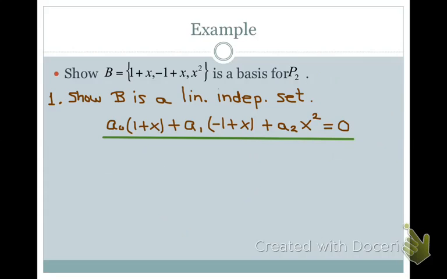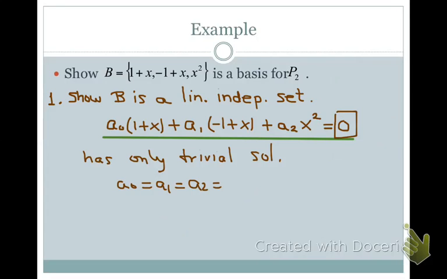We have to show that this equation has only the trivial solution. So only the trivial solution means that the only way for us to get the 0 polynomial on the right-hand side is for A0, A1, and A2 to be identically 0, with no other possibilities.